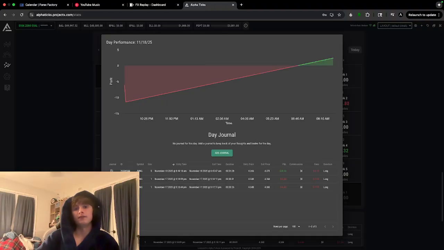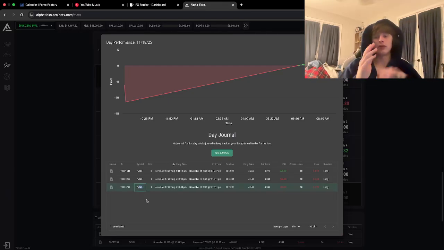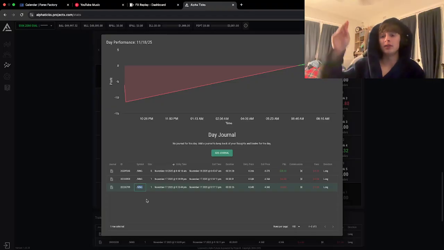Here's the issue. I don't know if you can see. Can I move this with my face cam? Okay. You can see right here. It says MNG, not MNQ. So I was looking at NASDAQ, but the order wasn't on.